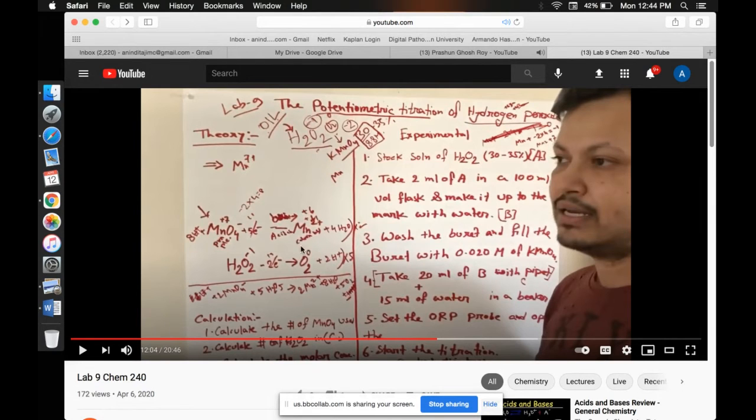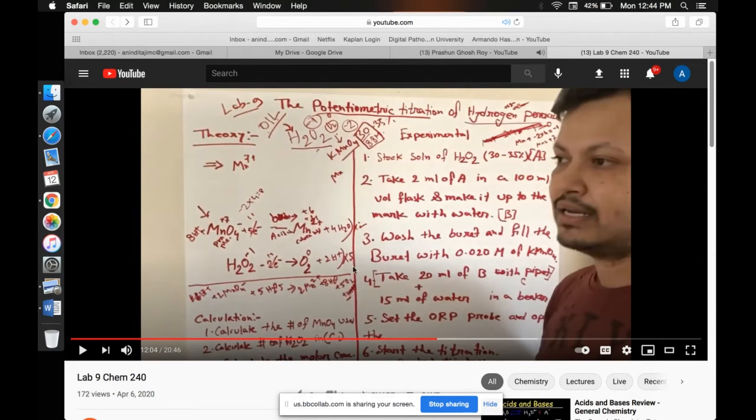If you add this, the whole reaction will look like this. Clear? So this is basically a 2:5 reaction, where 2 moles of MnO4 react with 5 moles of hydrogen peroxide.